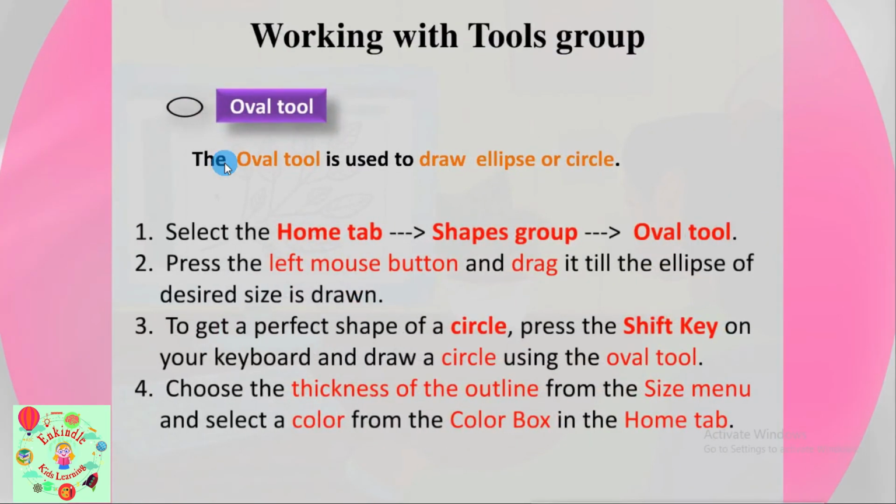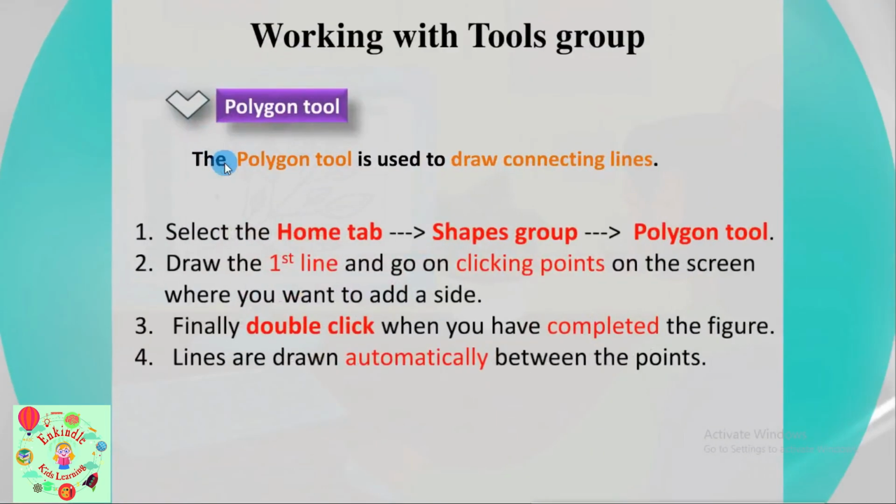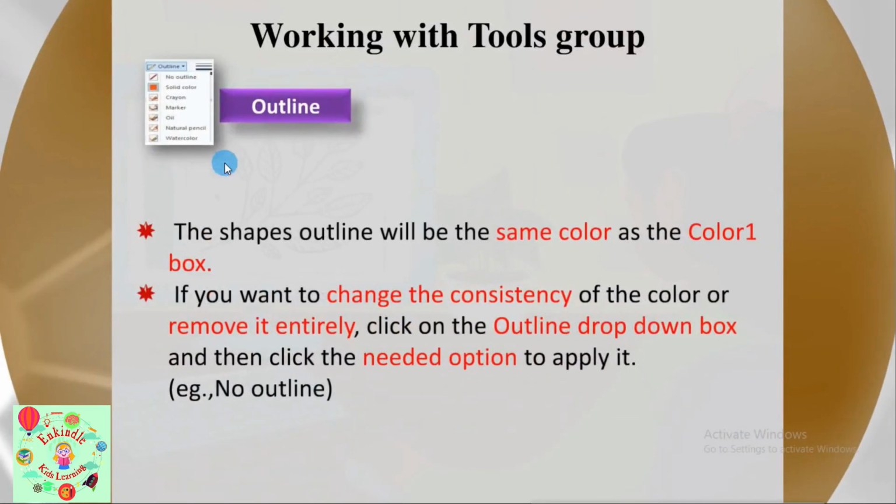Then we saw how to draw ellipse or circle using the oval tool. Then we studied about the polygon tool. The polygon tool is used to draw connecting lines. Then we studied about the outline tool, how to change the outline colors of any shape.